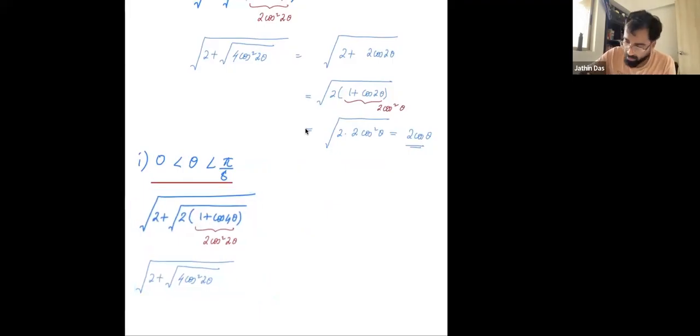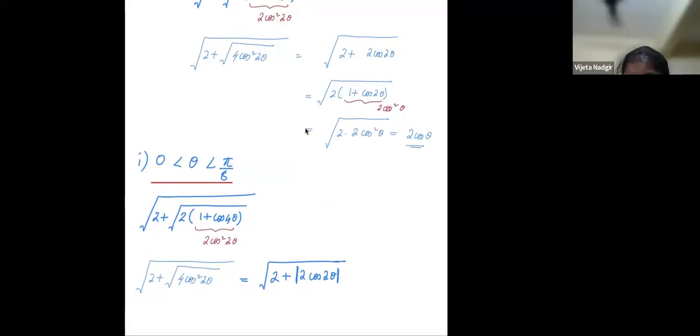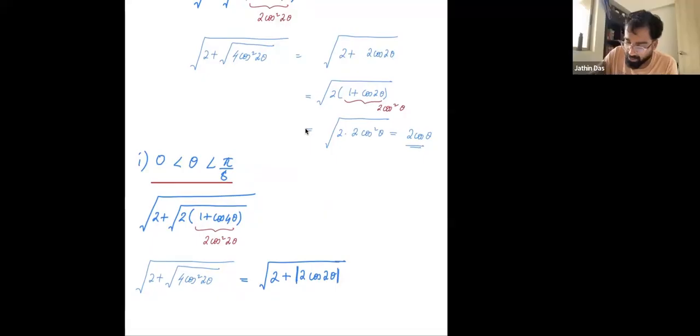Now here it will be root of 2 plus 2 cos 2 theta. If theta is between 0 and pi by 8, you should find the range of 2 theta. So multiply the entire thing by 2: 0, 2 theta, pi by 4. So the range of 2 theta is between 0 and 45. That is in the first quadrant, where cos is positive.